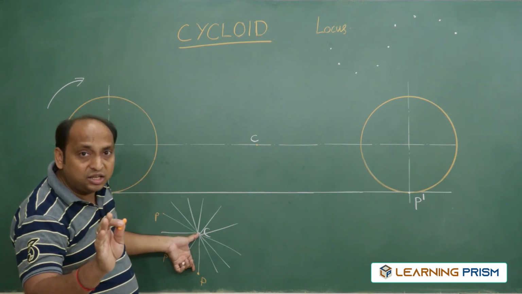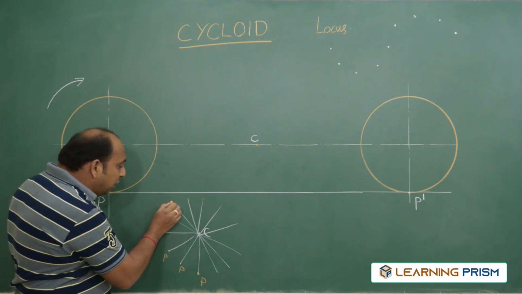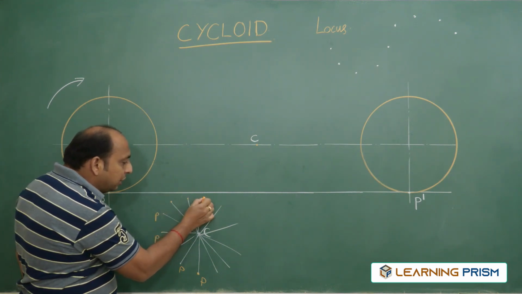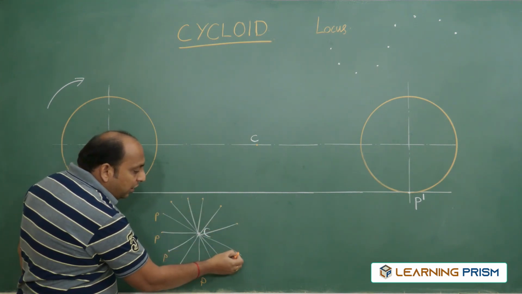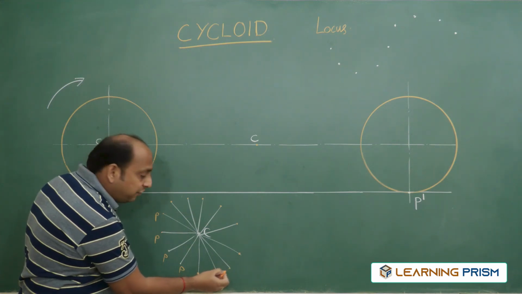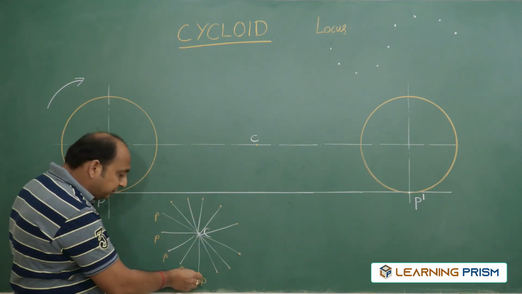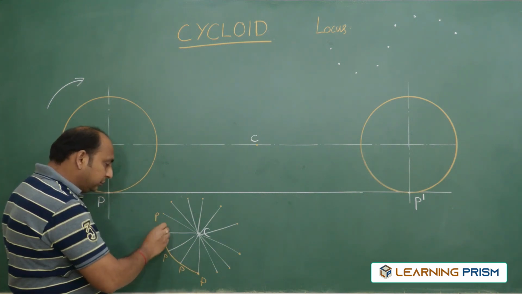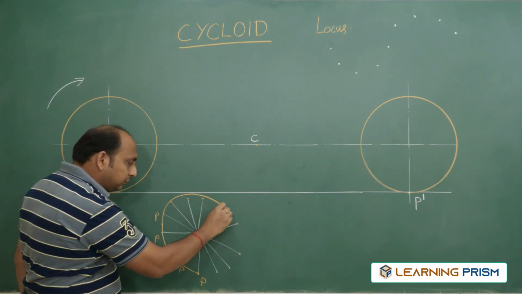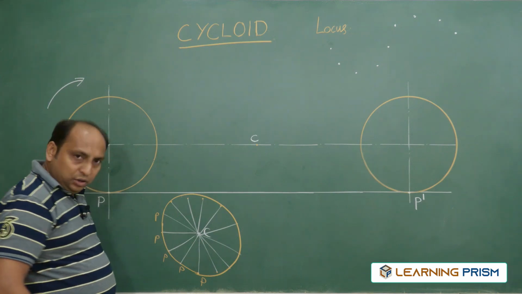The condition that is being satisfied here is that the distance between C and P should not change. When I locate all those points, these will be the intermediate locations of P. When I join all the points in sequence, you will get a circle, right?